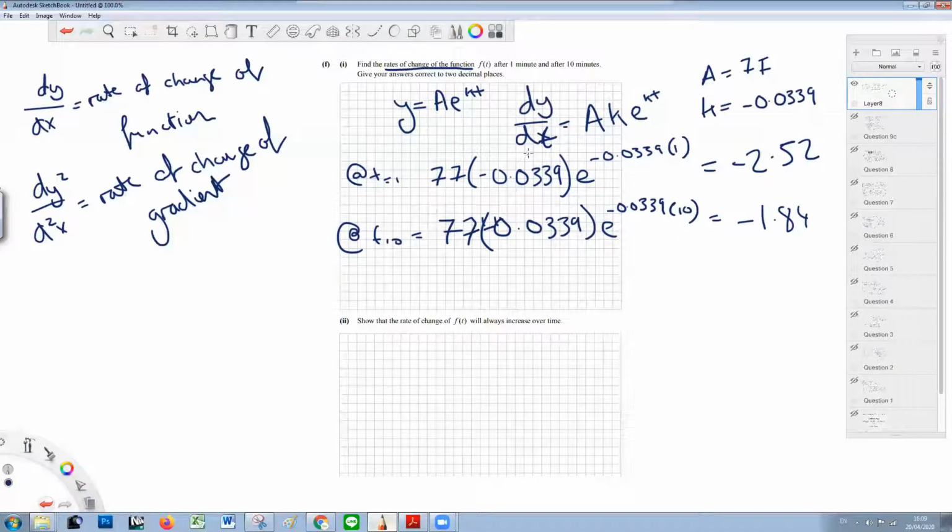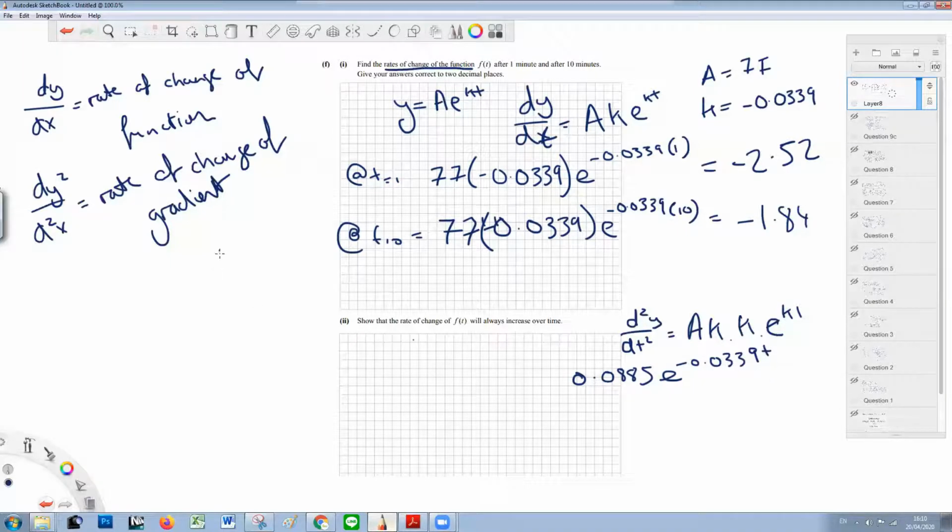So our function is just going to be d squared y/dt squared, which is going to be A k times k e^(kt). So that value is 0.0855 e^(minus 0.0339 t).